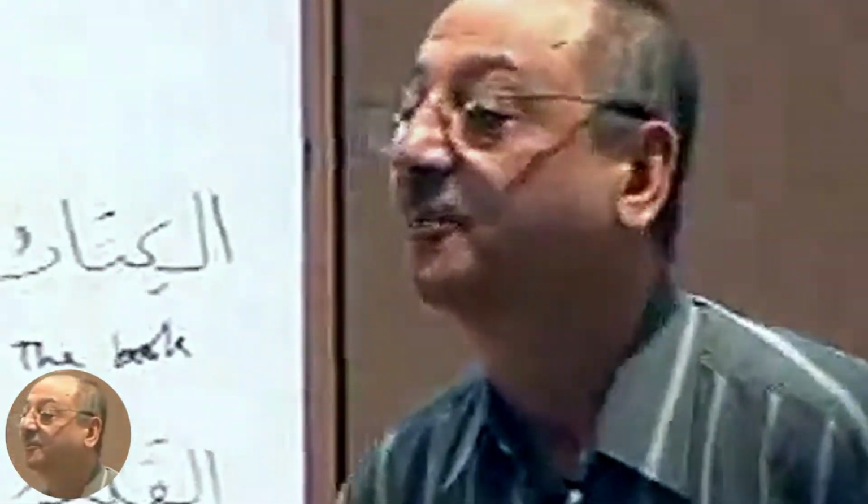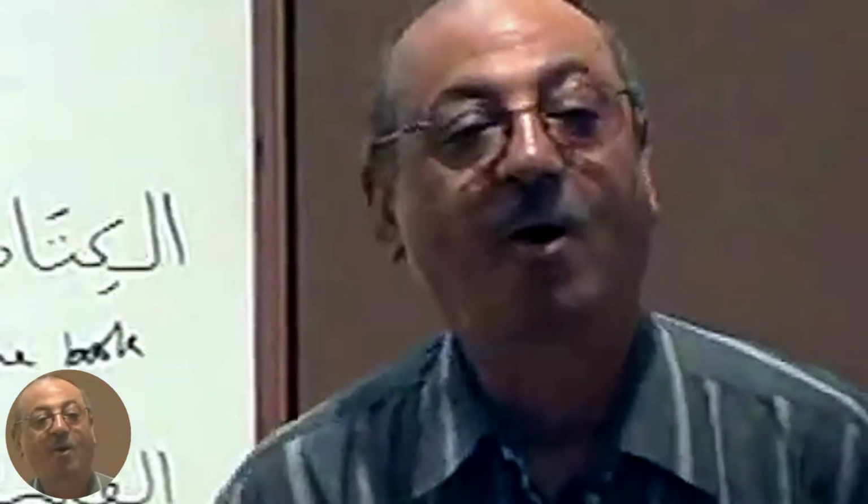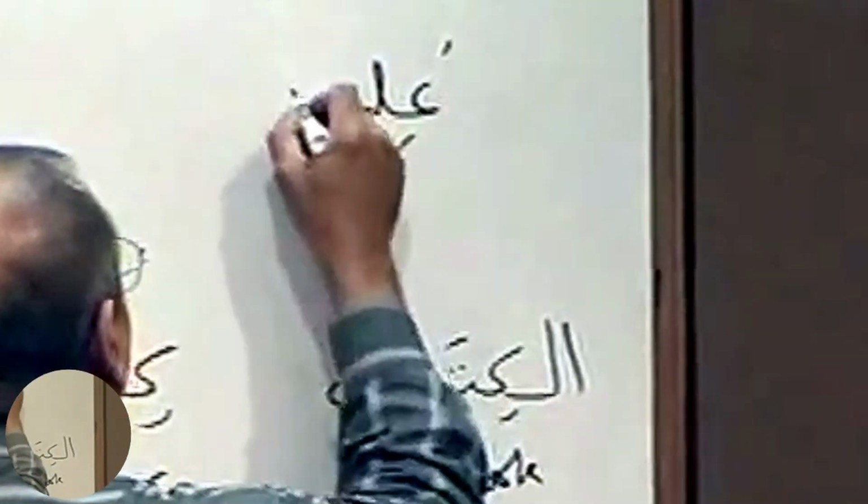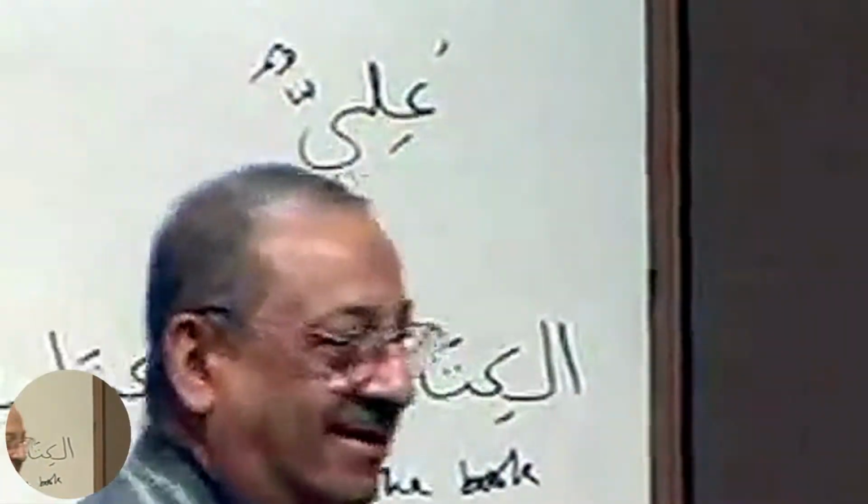Because Muhammad is a proper noun. All proper nouns are definite. When you say Muhammad, it doesn't mean any Muhammad. It means one particular Muhammad. If I say Ali, brother, how do you write Ali? We always say Ali, but truly speaking, Aliyun. See tanween?